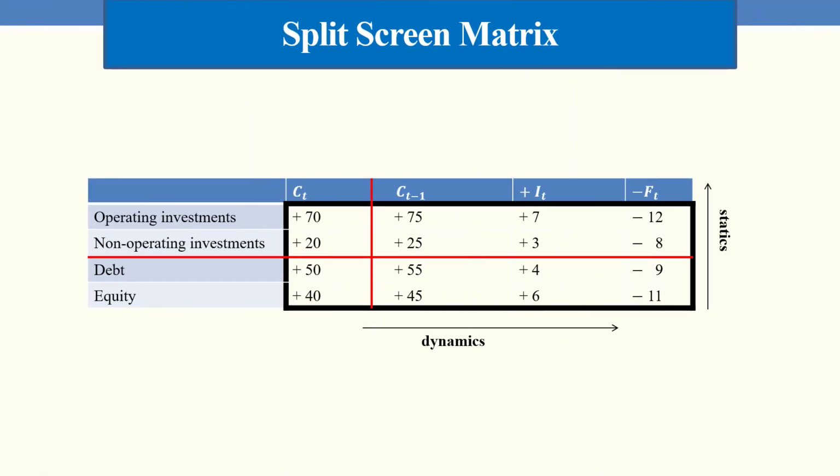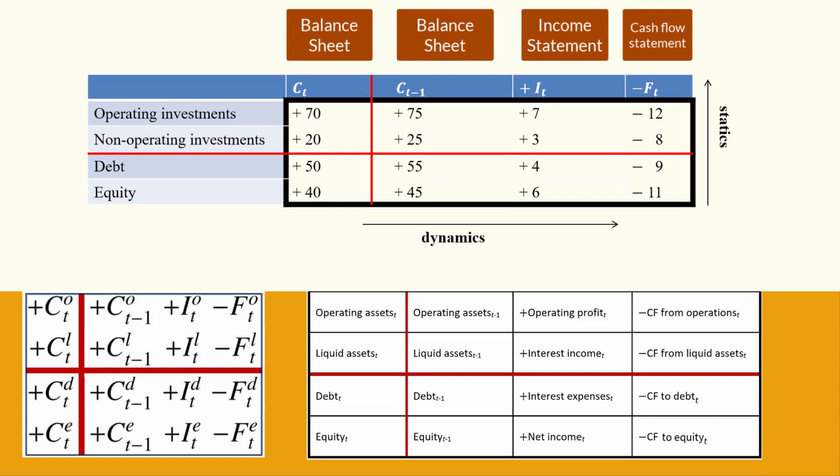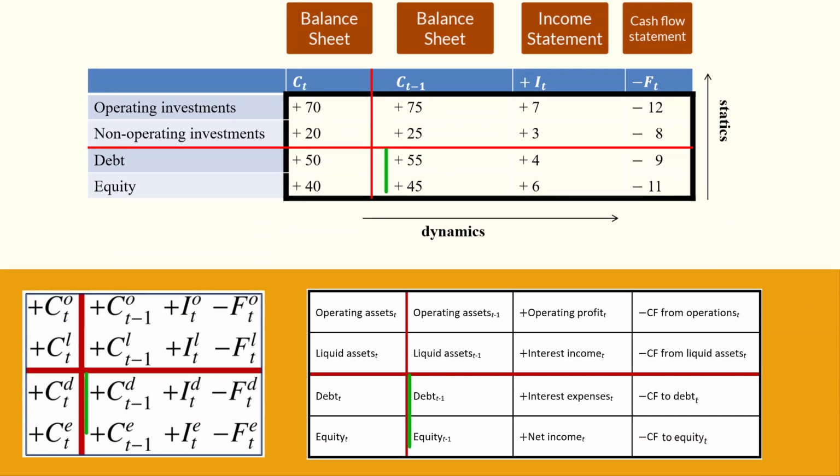Here I take back the example and assume that $45 are raised from the equity holders at the beginning of the period and $55 are raised from debt holders. That makes $100 raised from the claim holders, from the capital providers.